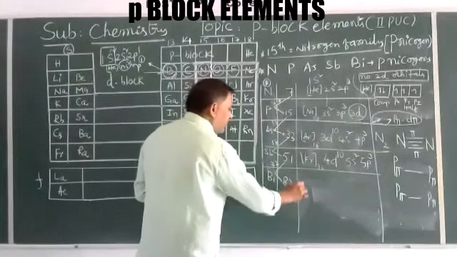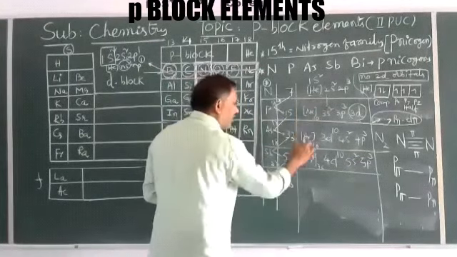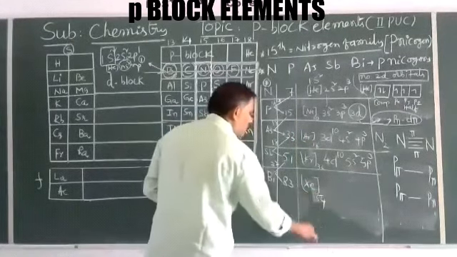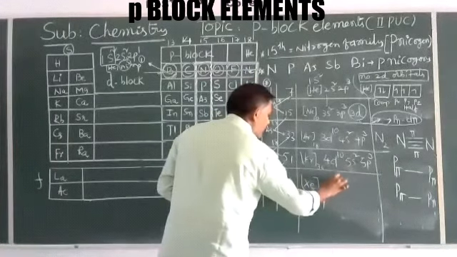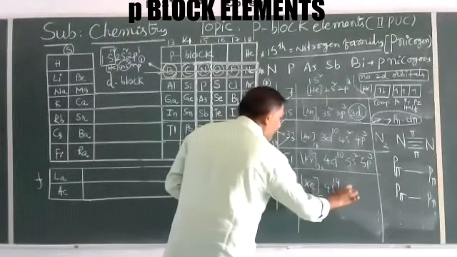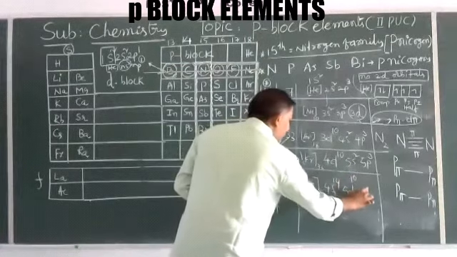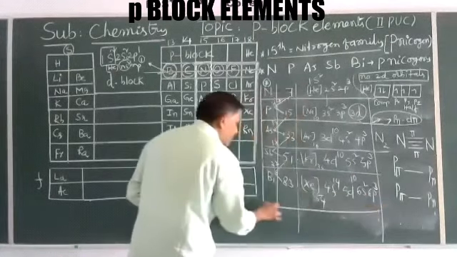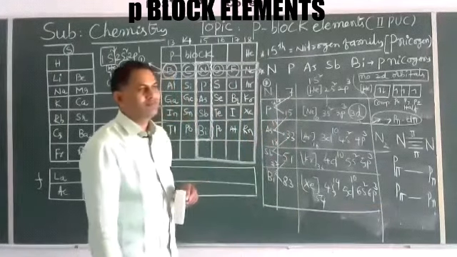Now for 83, the core is helium, neon, argon, krypton, and xenon, which is 54. Now the 4f14, 5d10, and 6s2 and 6p3 is the electronic configuration of bismuth.